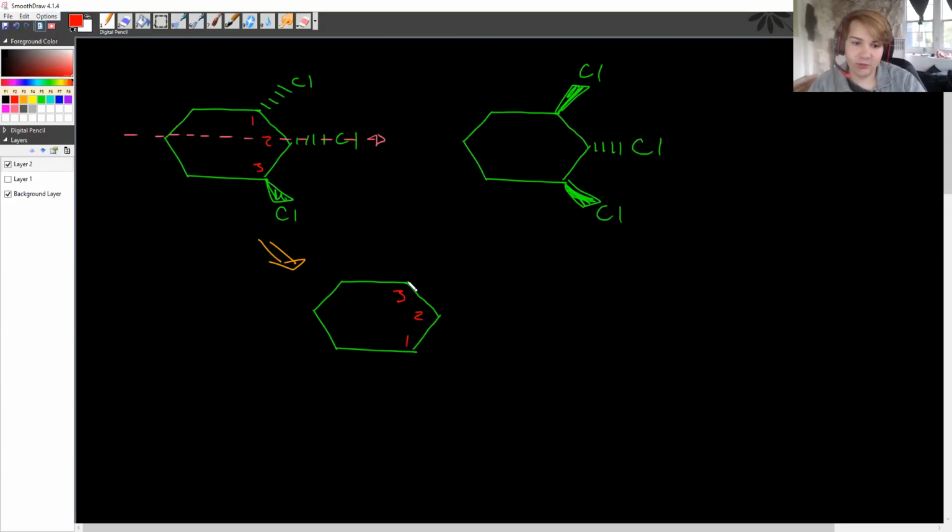They've mapped the other side of the mirror that we're talking about. And we expect that this wedge should turn into a dash, that this dash on carbon 2 should now be a wedge, and that this dash should now be a wedge as well. Same molecule that we were talking about before. And when we compare the mirror image to the other molecule, if they do not line up, then these are non-superimposable.